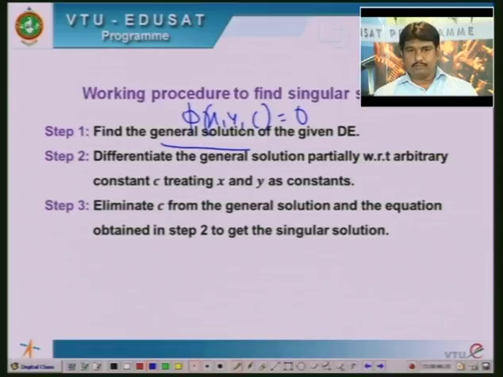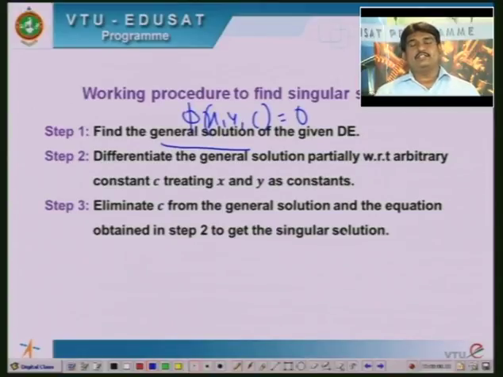This is the general solution. Now we have to differentiate this general solution with respect to the arbitrary constant c, treating x and y as constants. So we will get one more equation involving x, y and c. Step 3, eliminate c from the general solution and the equation obtained in step 2 to get the singular solution. So there are 3 steps. First, find the general solution.